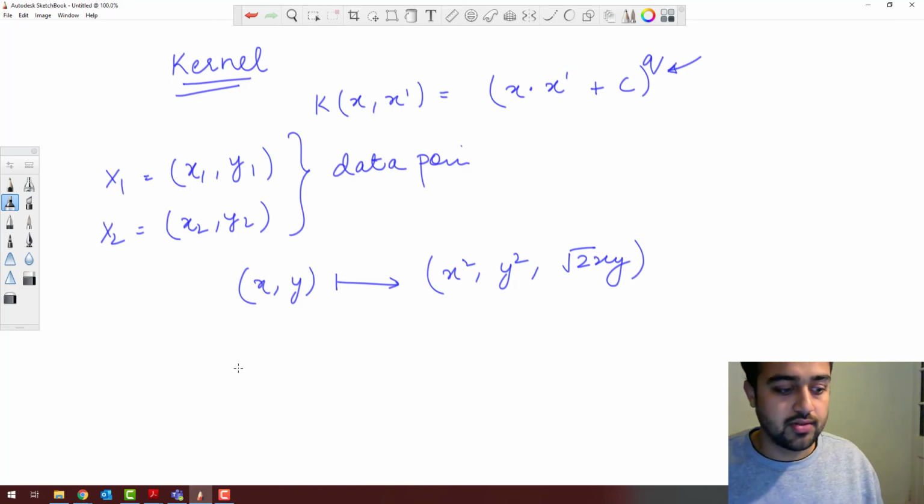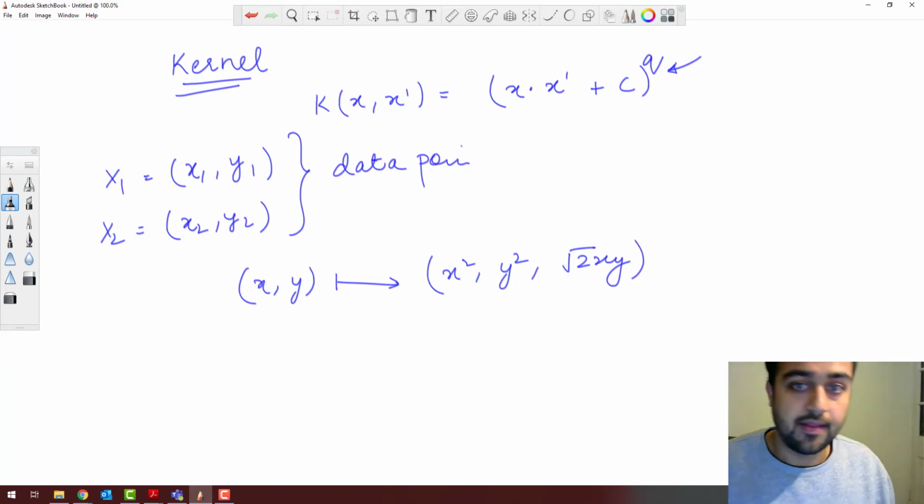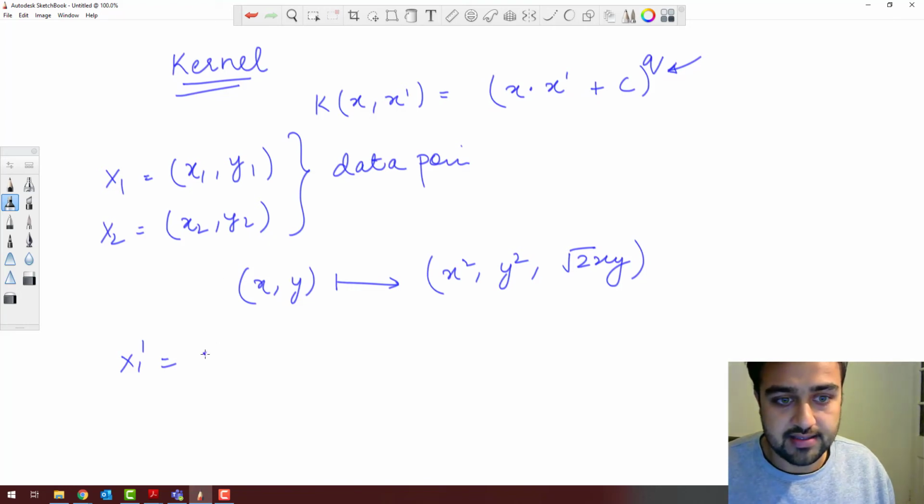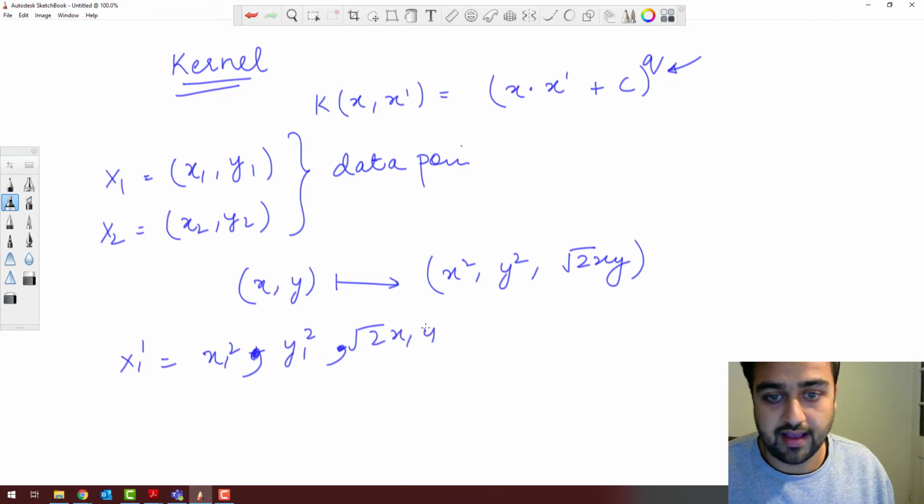We need to project these points to the new feature space, right? So to project the points to the new feature space, we find x1 dash, that is given as x1 square comma y1 square comma root 2 x1 y1, right?